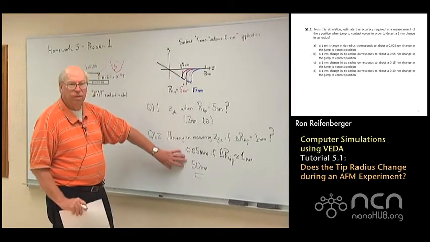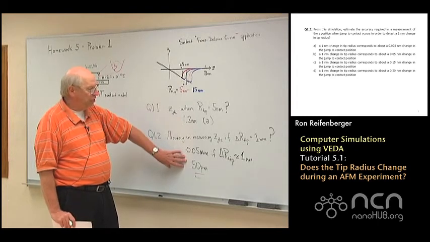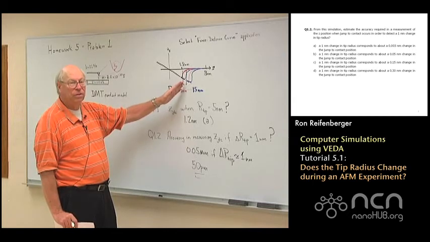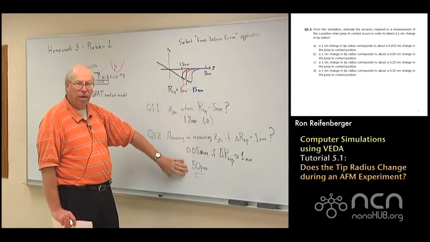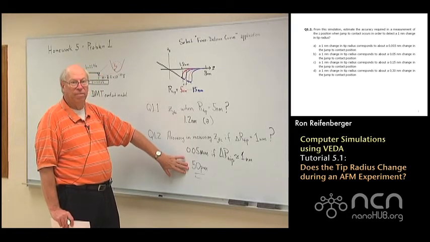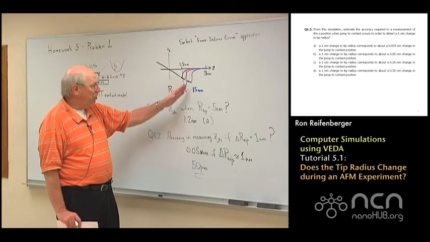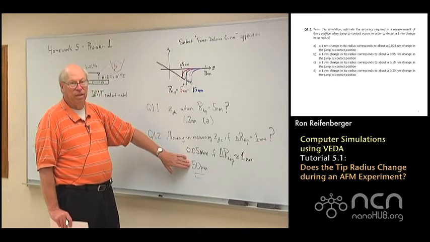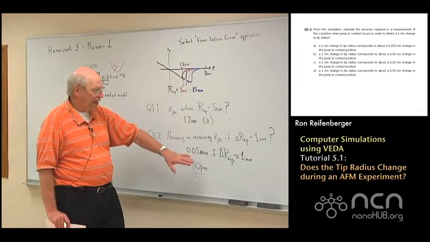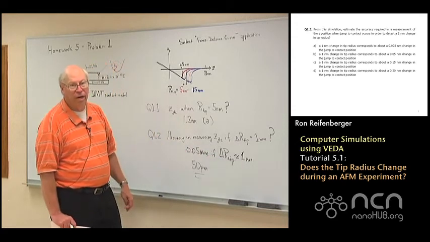So what the simulation is telling you is that if you're going to rely on this jump to contact and changes in the jump to contact position, you better have an AFM microscope that's got the capability of measuring the jump to contact position to an accuracy considerably better than 50 picometers, right? So this sets a lower limit on the accuracy and stability of your microscope if you want to detect changes in the tip radii of 1 nanometer.